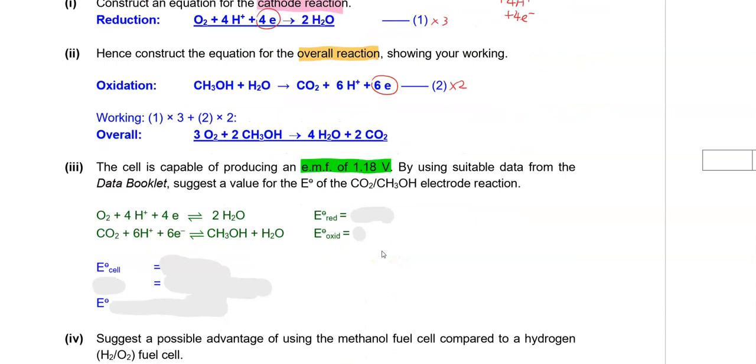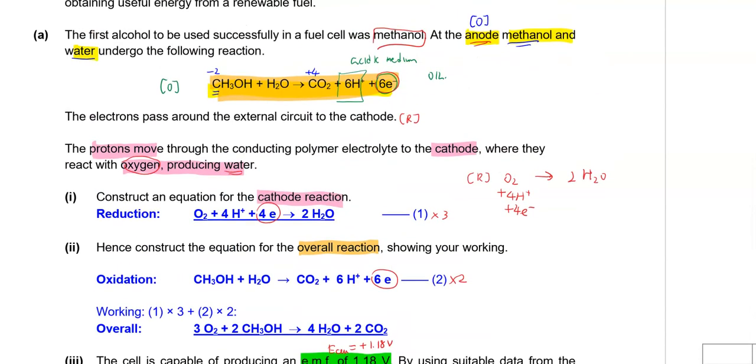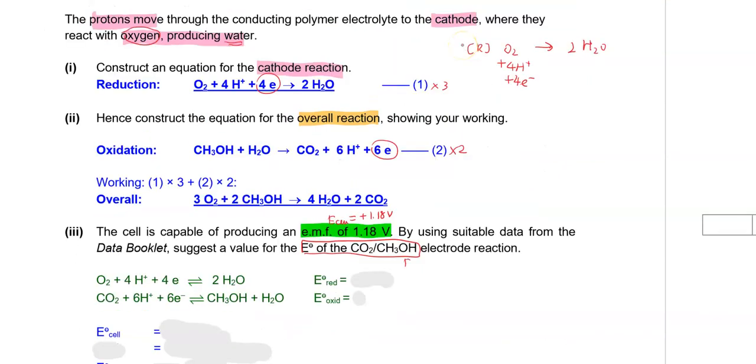Moving on to part 3, you see that the cell is capable of producing an EMF of 1.18 volts. EMF is also known as your E cell, so E cell equals positive 1.18 volts. By using suitable data, we need to predict the E naught of this CO2, CH3OH electrode reaction. This is your methanol and CO2, so it's an anode, so this is in fact your E oxidation.